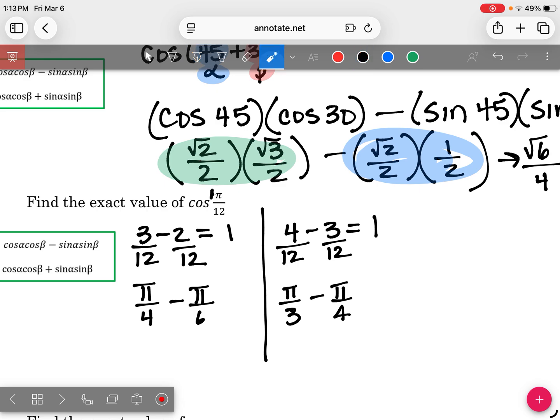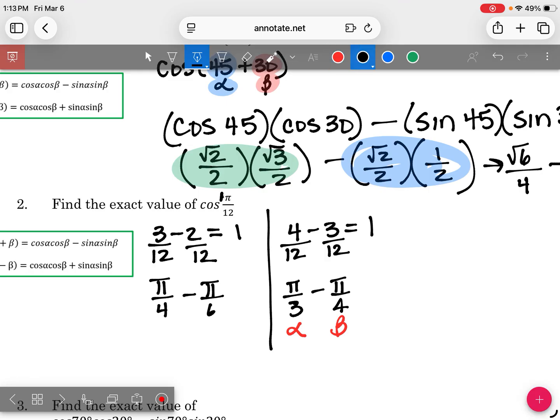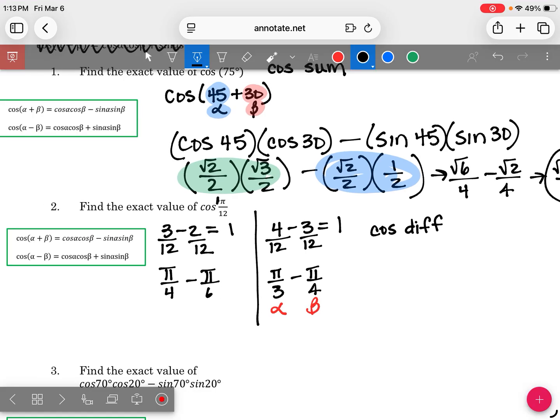So which one of these is bigger on your unit circle? Which one is the bigger angle? Pi over 3 or pi over 4? So this is my alpha, and this is my beta. And this time, because I'm doing a cosine difference, I'm doing cosine with subtraction. I'm not using this one.